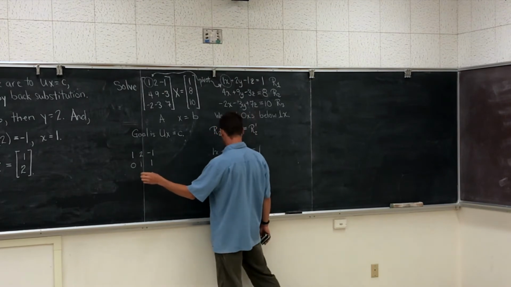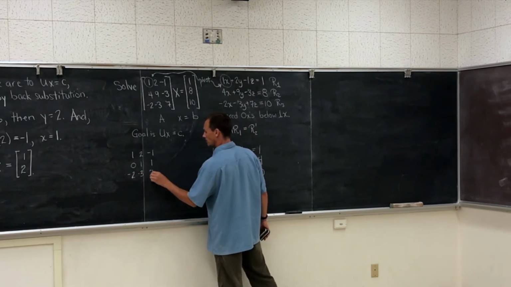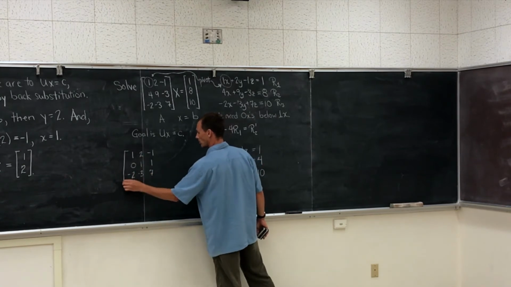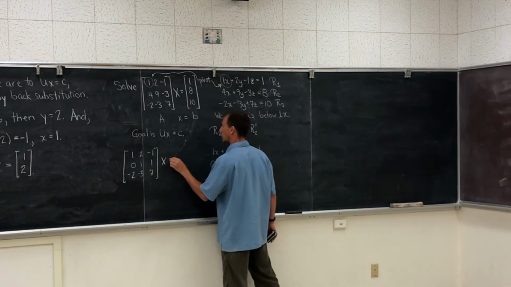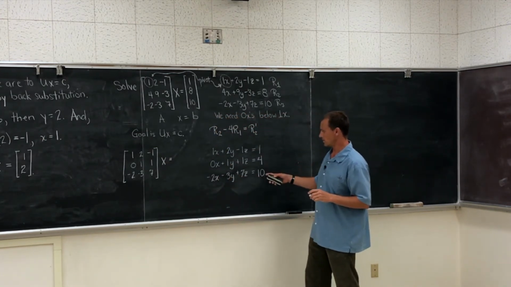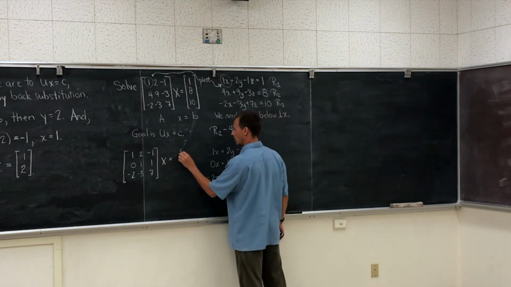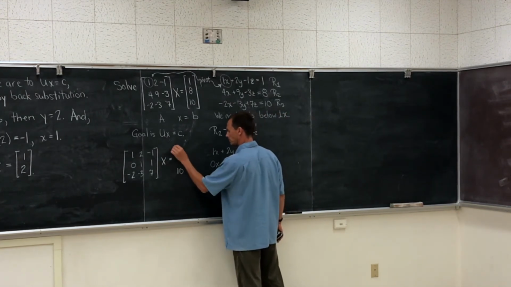Oops, so we'll get to that. Minus 2, minus 3, 7. The vector x is still x. And then on the other side, we no longer have b. We have 1, 4, 10.